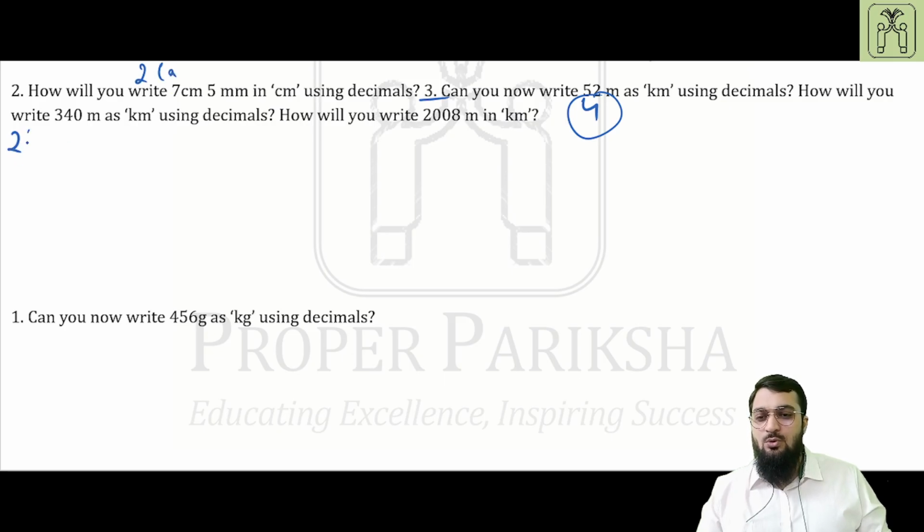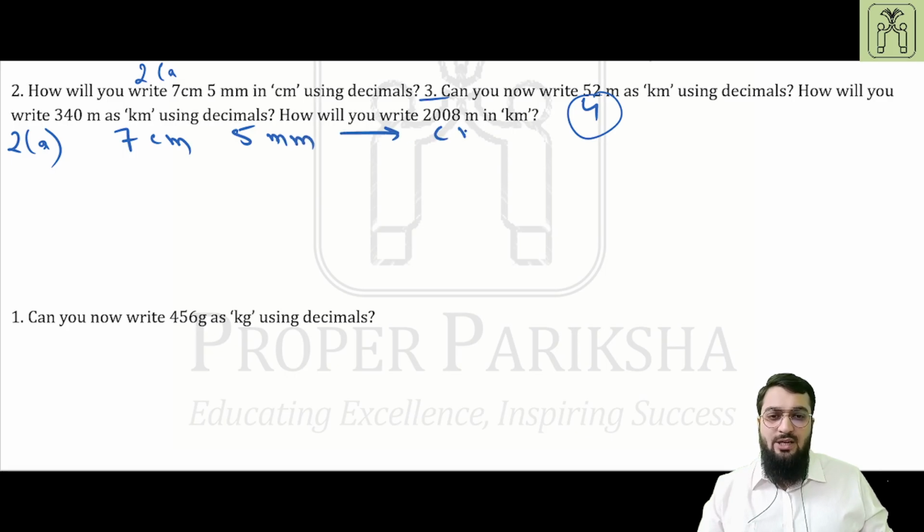Okay, so part A asks us to write 7 centimeter 5 millimeter into centimeter. So centimeter will be considered as the whole or the totality, and millimeter will be considered as the parts which comprise that particular whole.